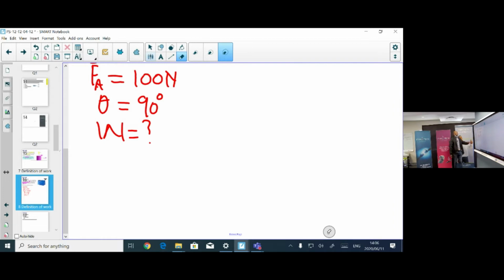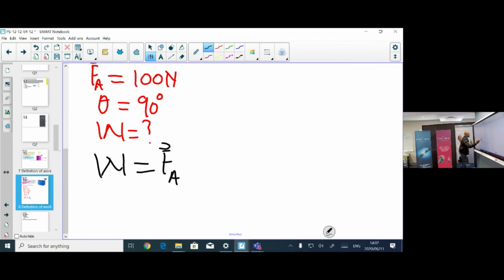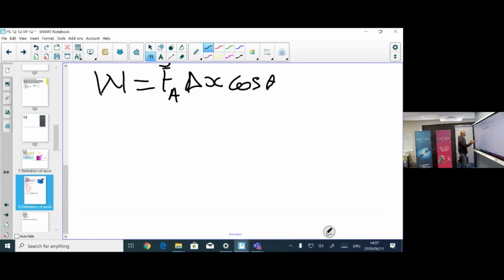Okay, we know that the formula of work is W is equal to the force applied, change in X, cos theta. I will extend it again.